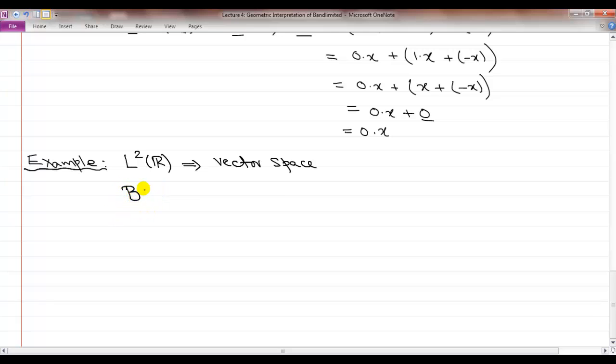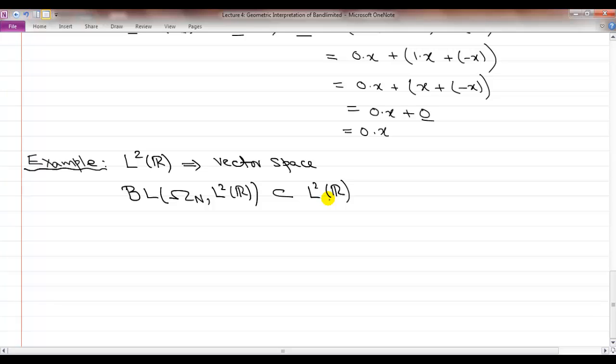This band-limited space is, of course, a subset of L2(R). It's all those finite energy signals which are band-limited. That's the definition of the space of band-limited signals.